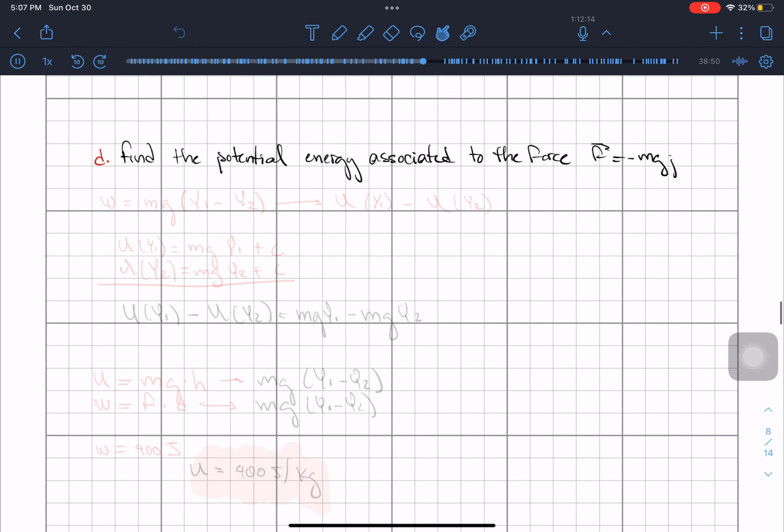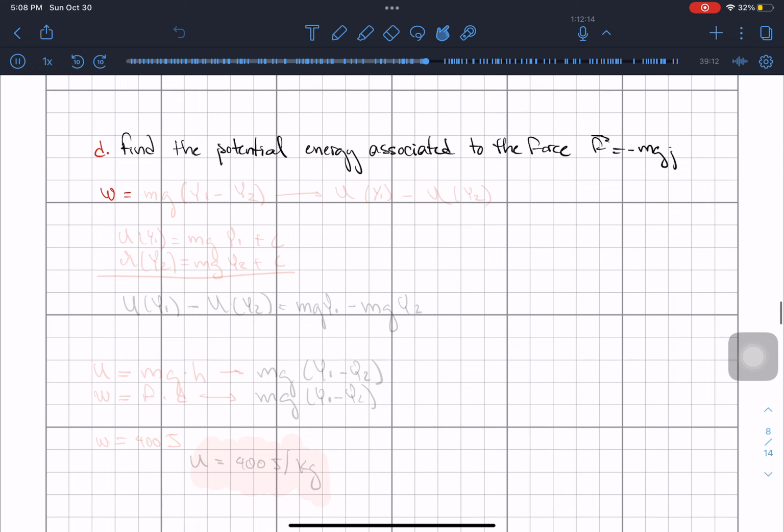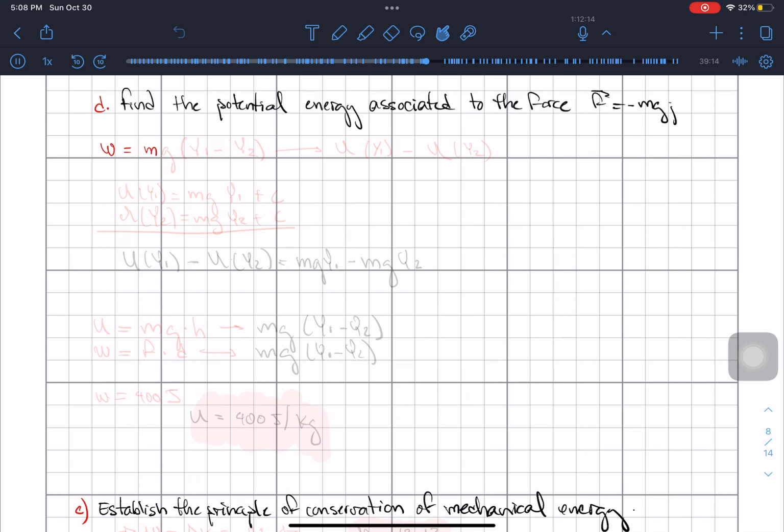For part D, we have to find the potential energy associated to the force that was applied on the object. So, we know that the work done on the object is equal to the mass of the object times the gravitational force times the variation in height.